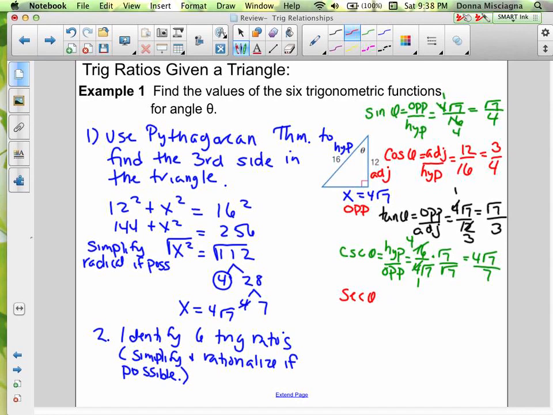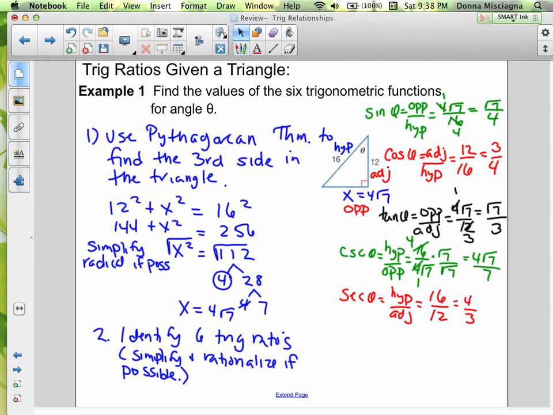Secant is the reciprocal of cosine, so it's hypotenuse over adjacent, which is going to be 16 divided by 12. Both of those are divisible by 4, so that's going to be 4/3. And finally, we have cotangent, which is the reciprocal of tangent, and that is adjacent over opposite.